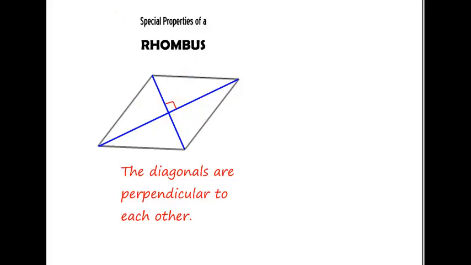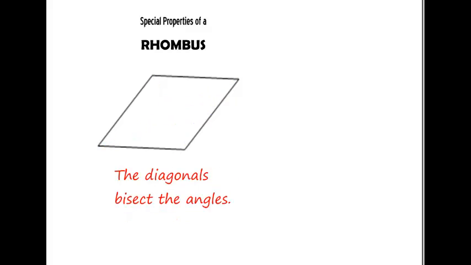Excellent. Write it down. Another special property is that the diagonals bisect the angles of the rhombus. We draw just this one diagonal. I just bisected these angles over here. So I would like to show that in your diagram. This angle and this angle got bisected. Now remember, these opposite angles are the same in all parallelograms, so these guys are the same.